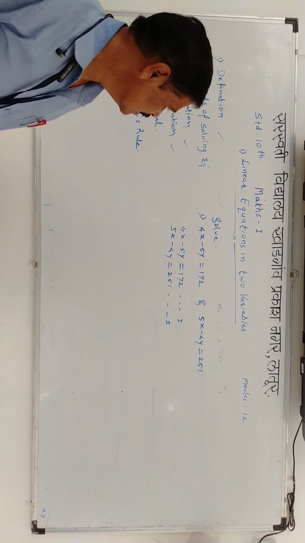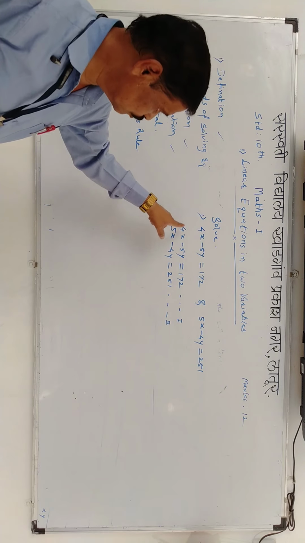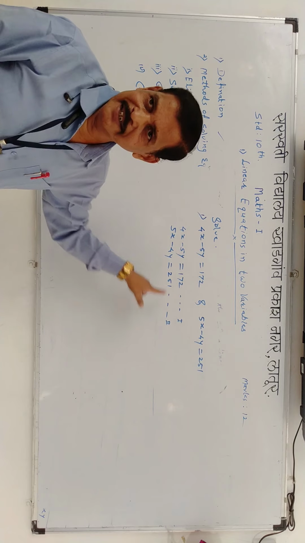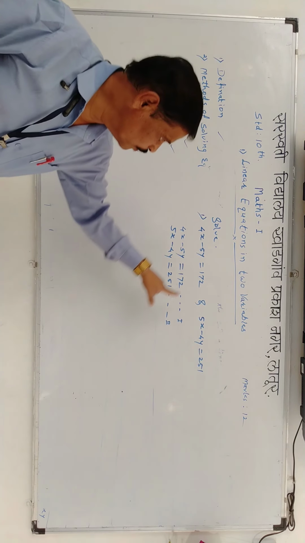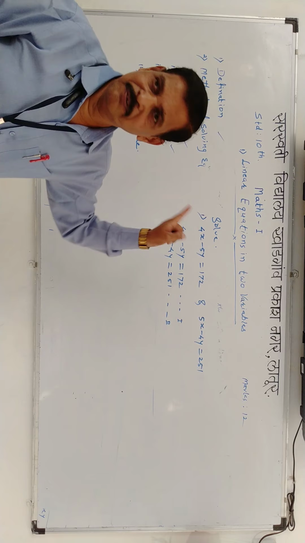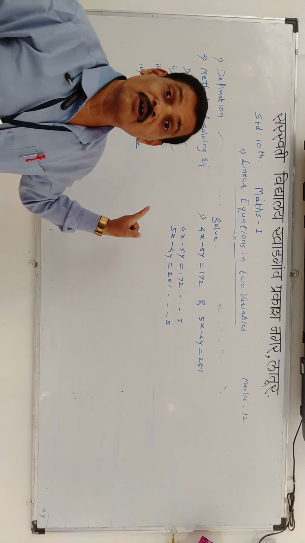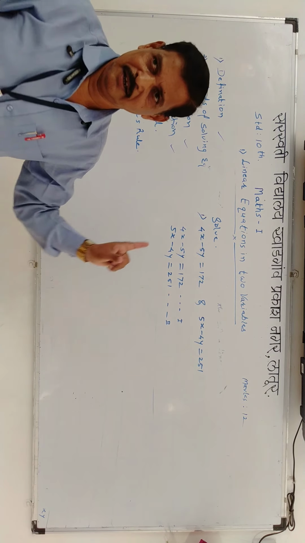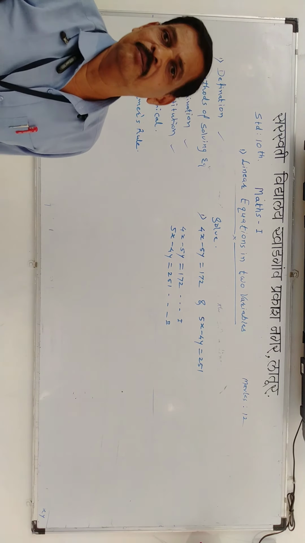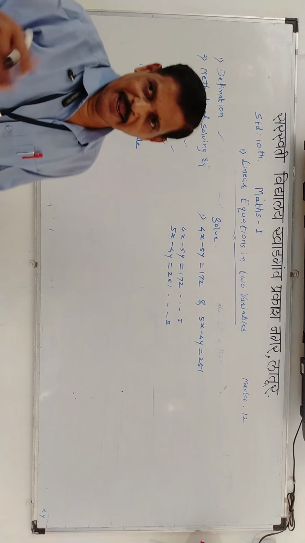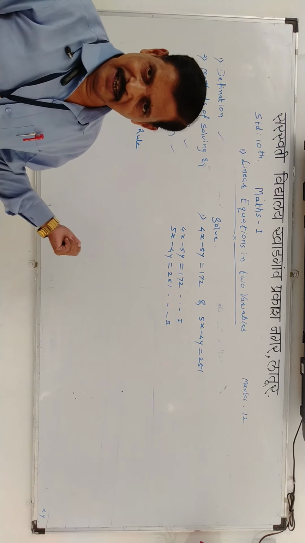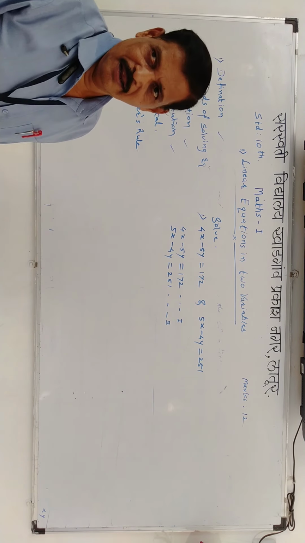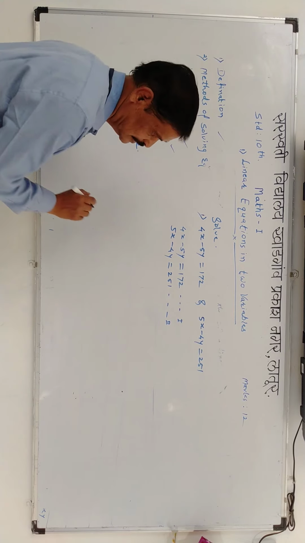Now in this case, the coefficient of x in the first equation is equal to the coefficient of y in the second equation, and the coefficient of y in the first equation is equal to the coefficient of x in the second equation. Whenever it happens, at that time we must apply this method. The elimination method is there, but there is also a simpler method.